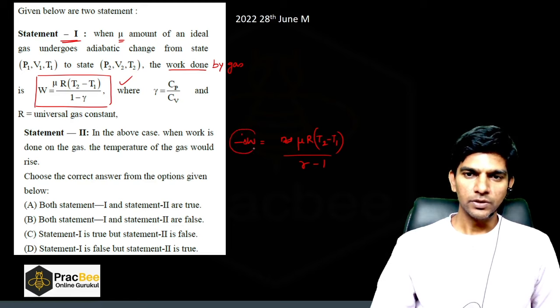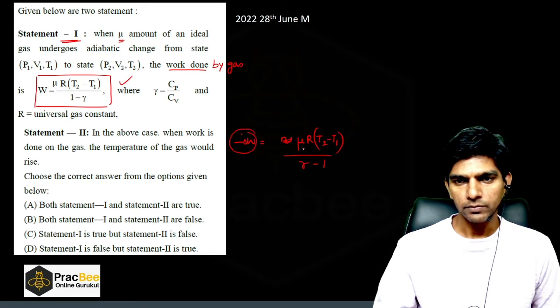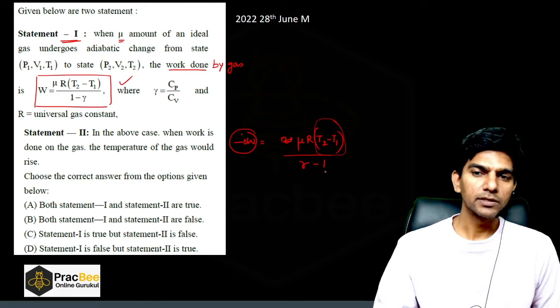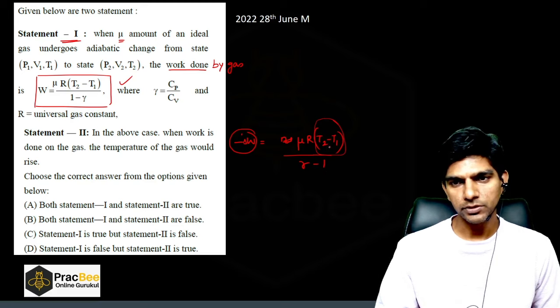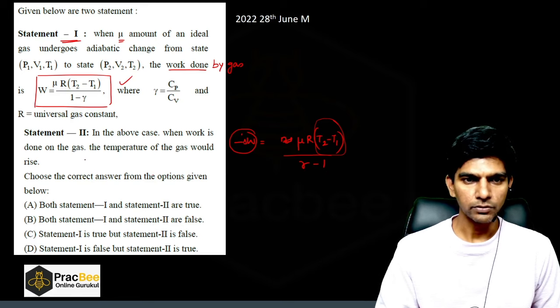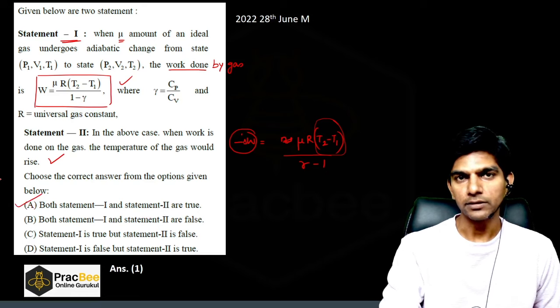Now if there is a work done on the gas, so this value is positive, then we can clearly see that the temperature will also increase because gamma minus 1 is positive. So if left hand side is positive, the right hand side has to be positive. So T2 minus T1 will be positive, so delta T is greater than 0. So temperature of the gas would rise. So statement 2 is again correct. So statement 1 and statement 2 both are correct. So option A is the right answer.